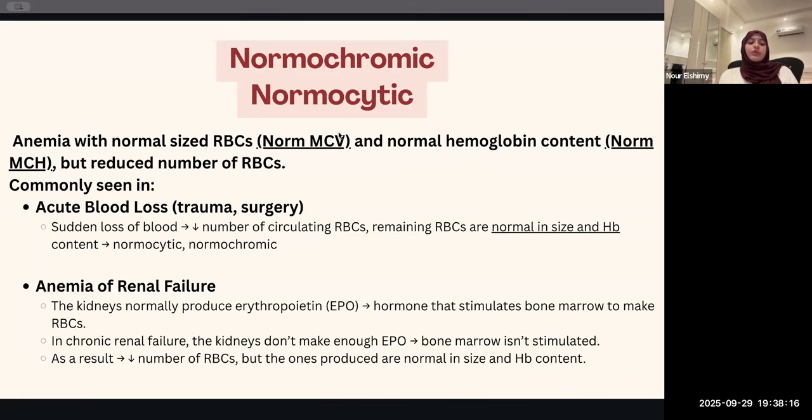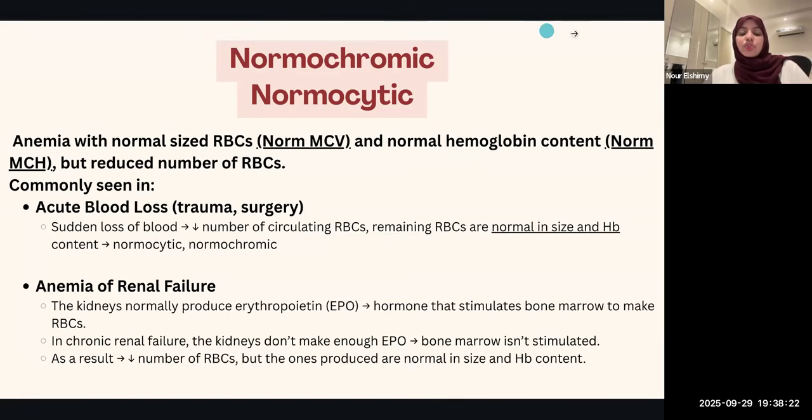Or it could be due to anemia of renal failure, because as I mentioned, kidneys release erythropoietin, which stimulates erythrocyte production, or red blood cell production. So yes, we have fewer red blood cells, but the red blood cells that already exist in blood have a normal size and normal hemoglobin content. That's why we call it normocytic, normochromic. So normal size, normal hemoglobin content.